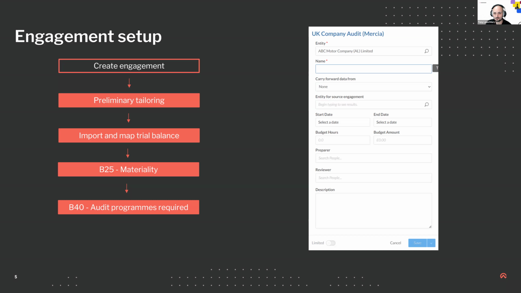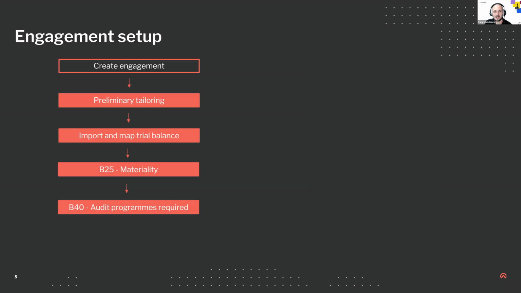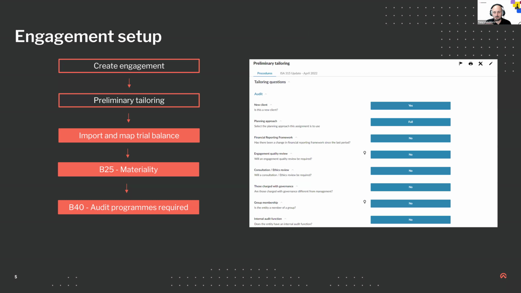Now, once that file is set up, you need to work through a prelim tailoring. This is the same approach as what we use with our desktop products. It's really useful for trying to reduce some of the weight of the standard documentation, not to reduce audit work, but just to focus on the areas that are relevant to the audit and relevant to us rather than assigning not applicable.